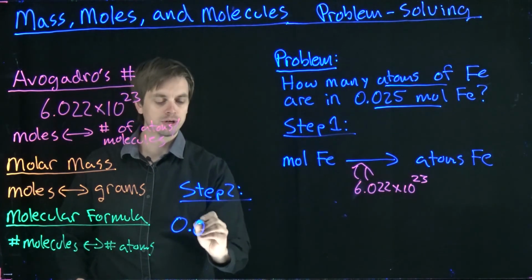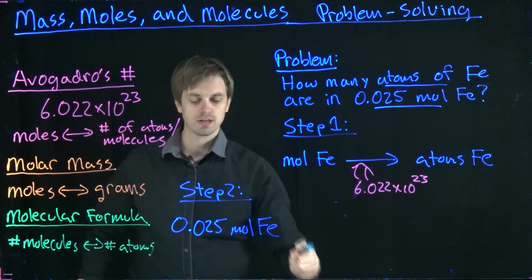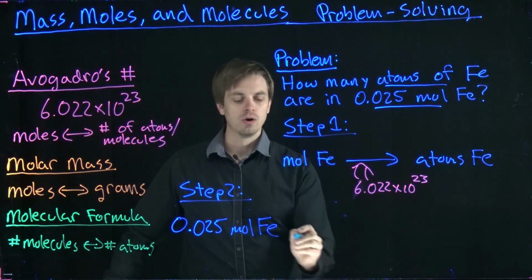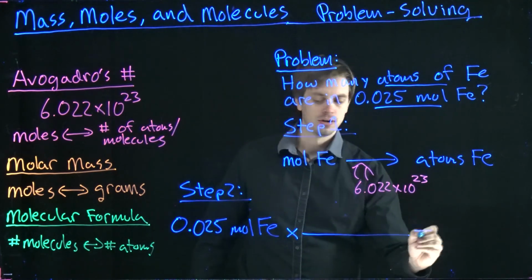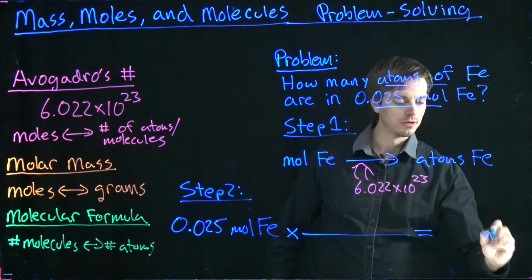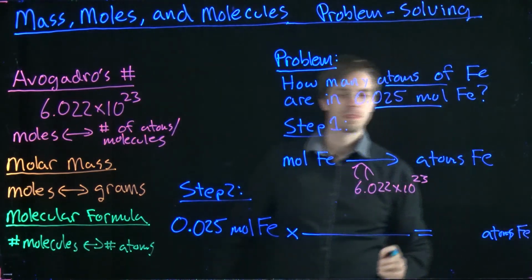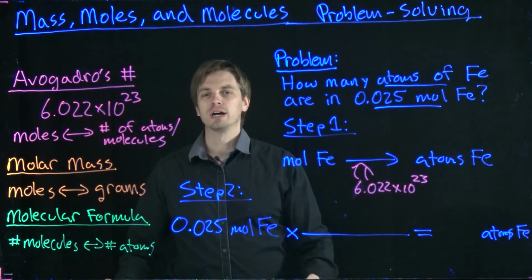Actually write in the numerical value this time. 0.025 moles of iron. Now, we need to carry out a conversion that takes us from moles of iron to individual atoms of iron. Okay? This conversion factor, as we know, is going to be Avogadro's number.